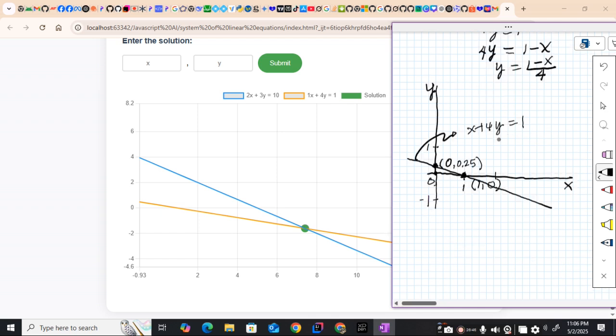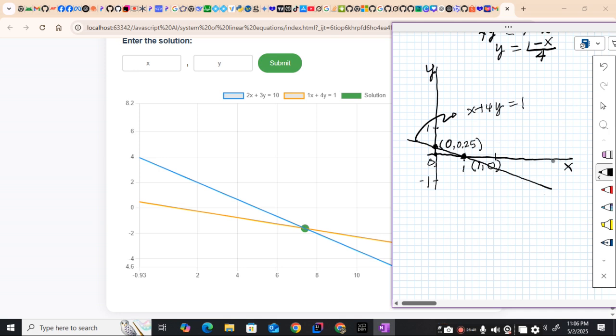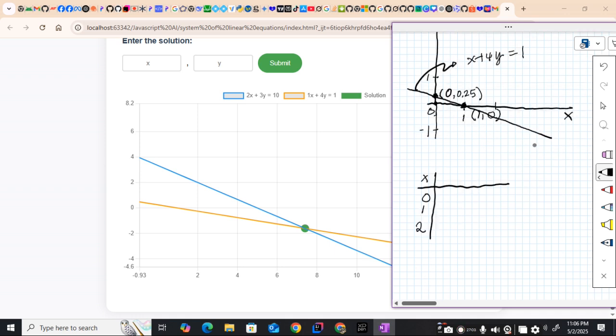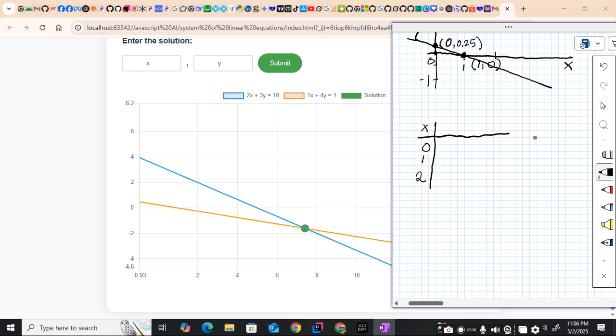Now for the second, we need to identify again at least 2 points. Our x is 0, 1, 2, and again our equation, let me write it down again: 2x plus 3y equals 10.